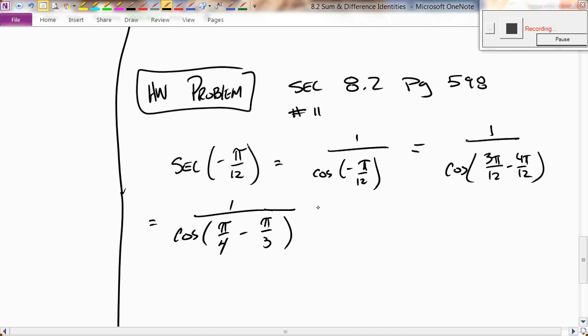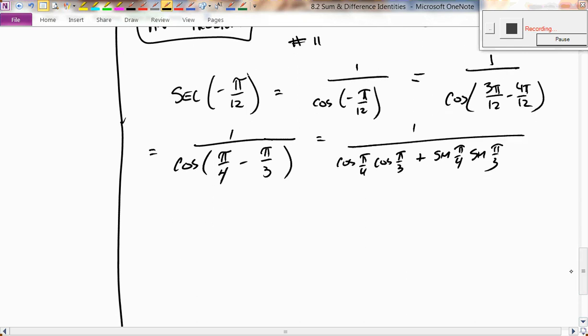Now we're on target. Okay, now, that's going to be 1 over, since it's a cosine function, the cosine pi over 4 times the cosine pi over 3 plus sine pi over 4 times the sine pi over 3. And that's just using the sum formula, which is equal to 1 over, okay, what's the cosine of pi over 4?